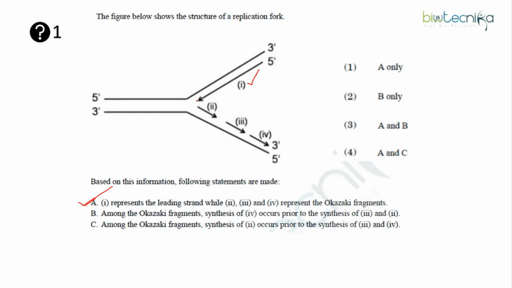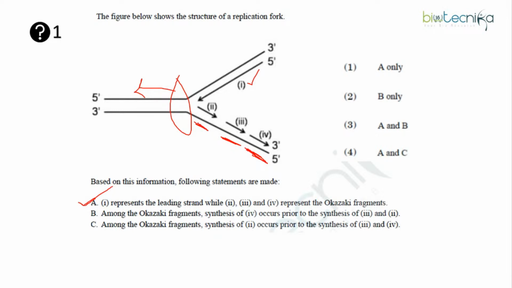If your leading strand is this side, that means here you have the helicase and the helicase is moving this side. Correct? Now, if your helicase is moving this side, that means it was once present somewhere here. So this section of the DNA got exposed first, followed by this section, followed by this section of the DNA. Okay?